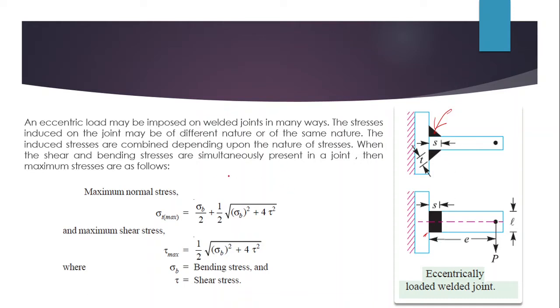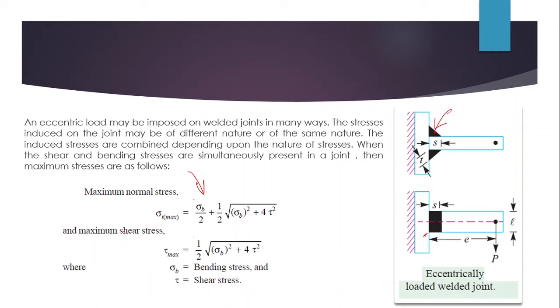Here, when the shear stress and bending stresses are simultaneously present in a joint, then we know that the maximum normal stress we can find out using this particular equation. Sigma T, maximum normal stress, is equal to sigma B by 2 plus half into root of sigma B square plus 4 tau square, where tau is the shear stress and sigma B is the bending stress.